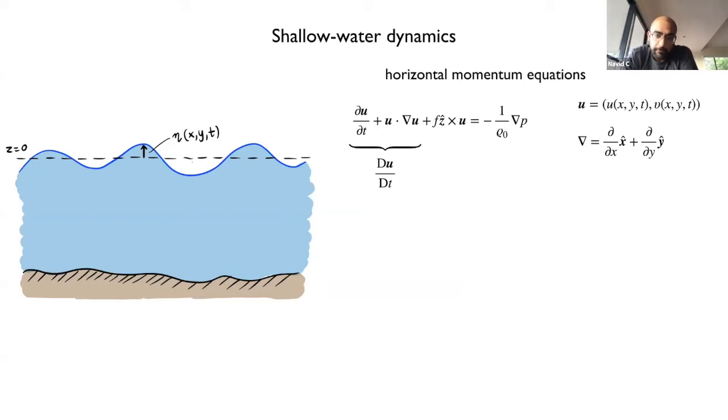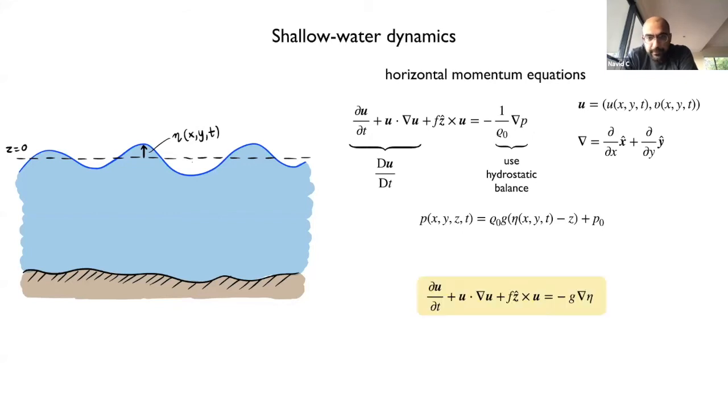So now let's go to the horizontal momentum equations, this was with rotation on a tangent plane. And now we have pressure in this simple system. We have solved for pressure, so we can put the solution for the pressure on the right-hand side. And so we get these equations for the u and v velocity, the horizontal velocities.